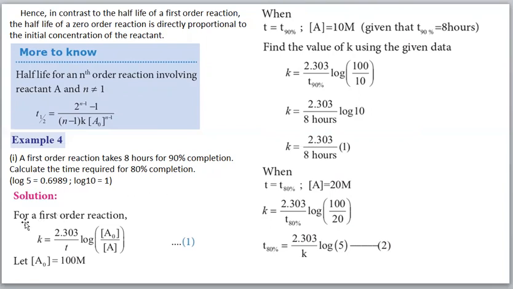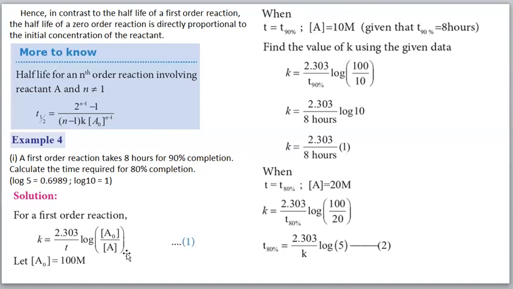First, for the first order reaction, rate constant K equals 2.303 by T log A0 by A. Then you see here percentage values are coming. If percentage values are coming, then we take the initial concentration as 100 molarity.